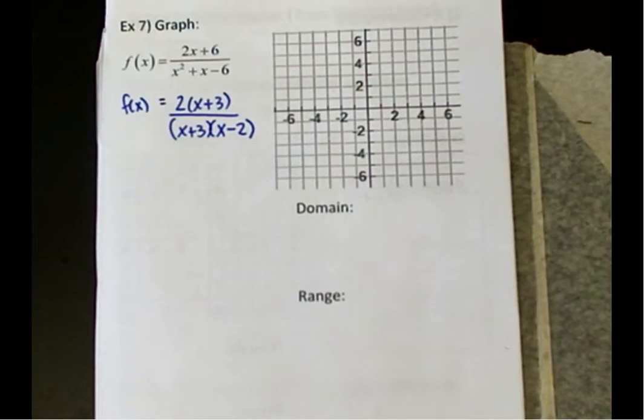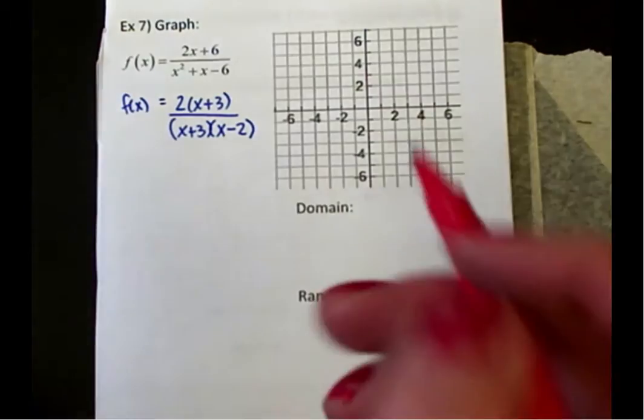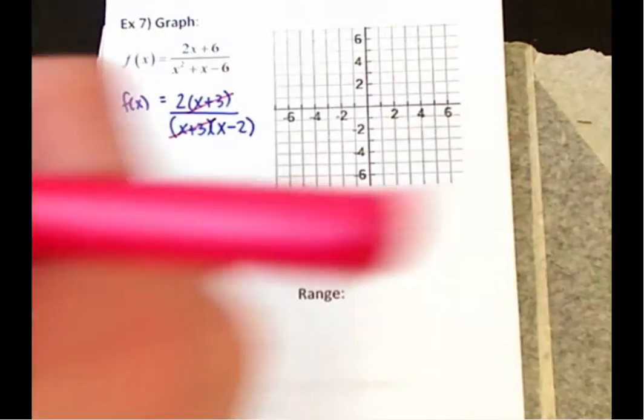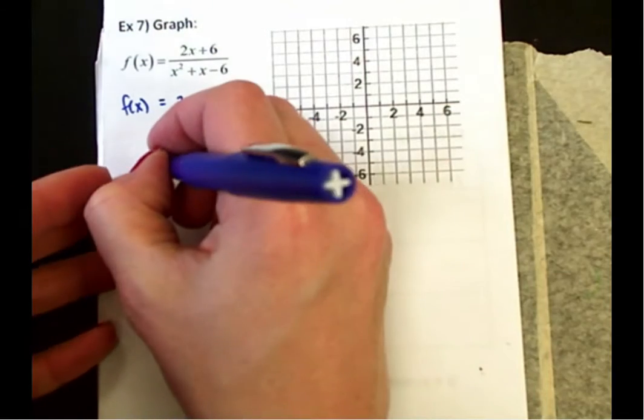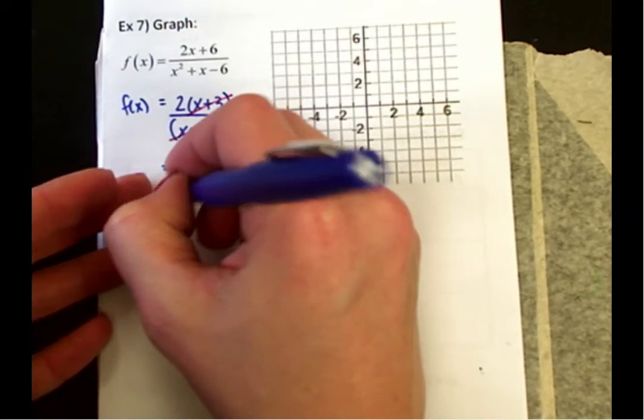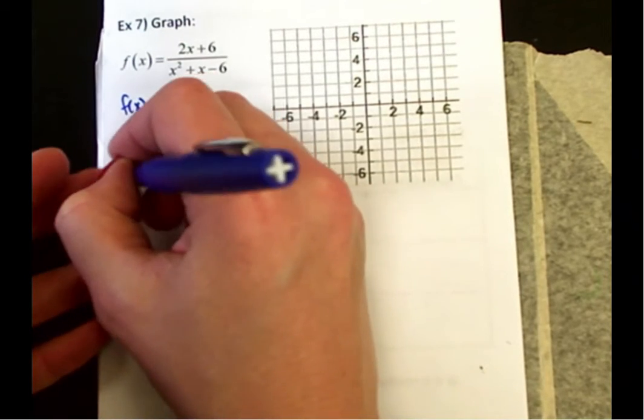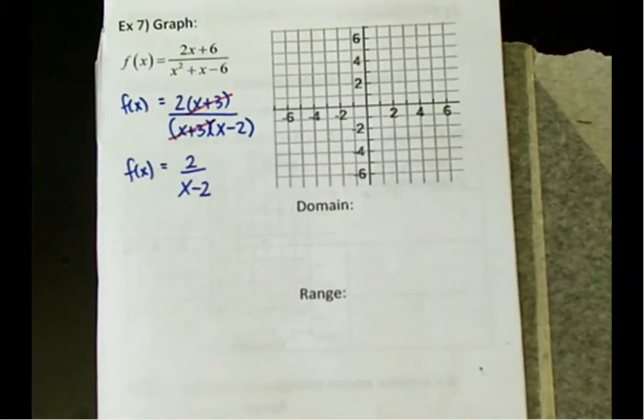All right, looking at this, I notice that this factor reduces. Factor, reduce. Let's look at what we're left with. That's an AHK format.